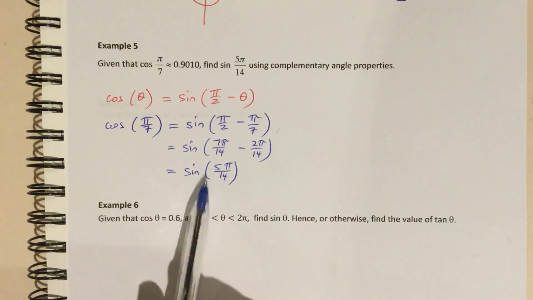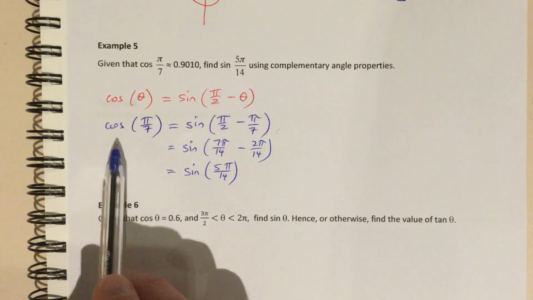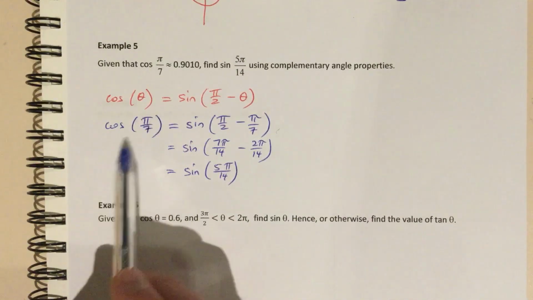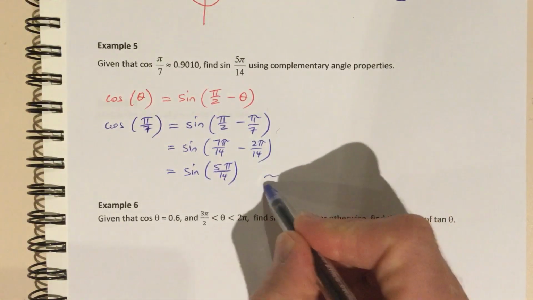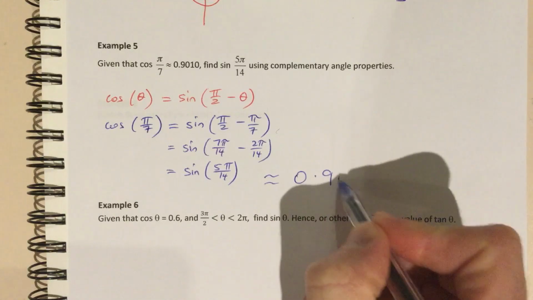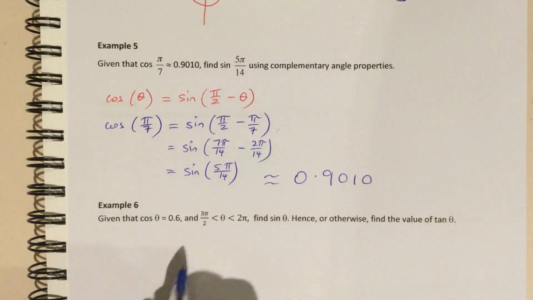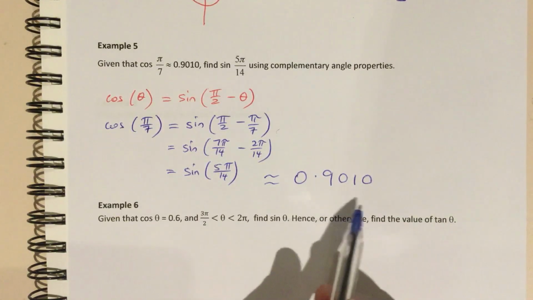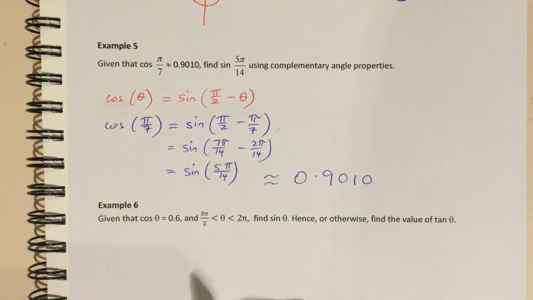So in other words, sine of 5 pi on 14 is the same as cos of pi on 7, and so the value of sine of 5 pi on 14 is approximately 0.9010.